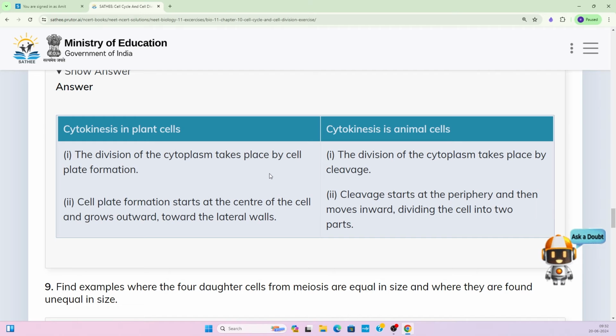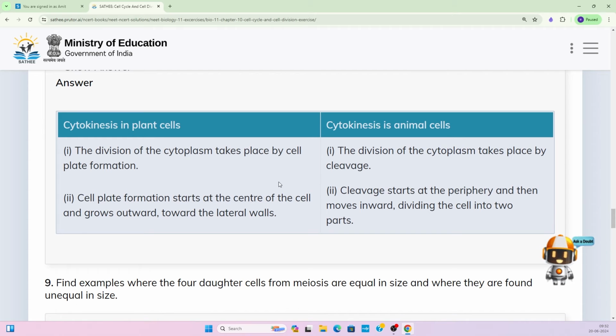And when both the cleavages from upper and lower meet at the center, then the cell is divided into two. So there is a lot of difference between the cytokinesis in the plant cell and in the animal cell, right? Cell plate is there in the case of plant cell, whereas the cleavage process is there in the case of animal cell.